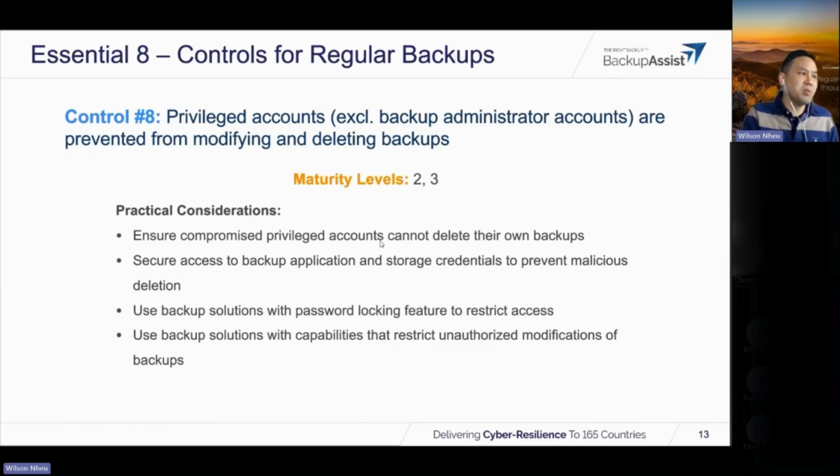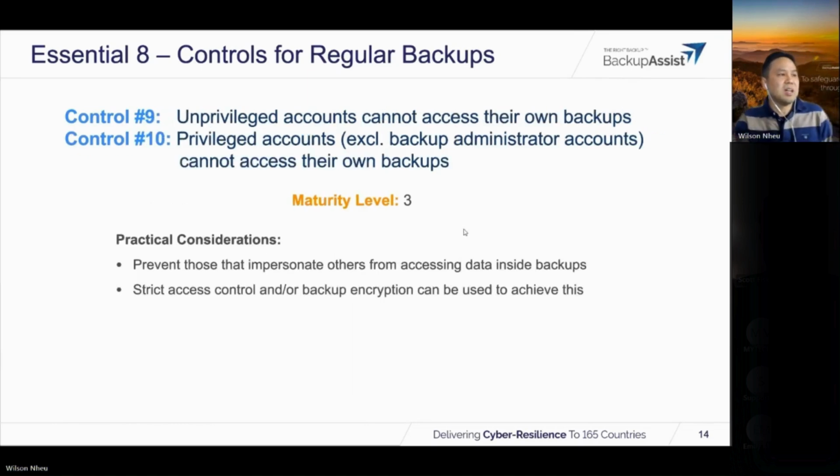Okay, so now we're moving to the realm of maturity level 3 with the last 3 controls. For control number 9 and 10 here, we're effectively saying that no one should have access to backups unless they're backup administrators.